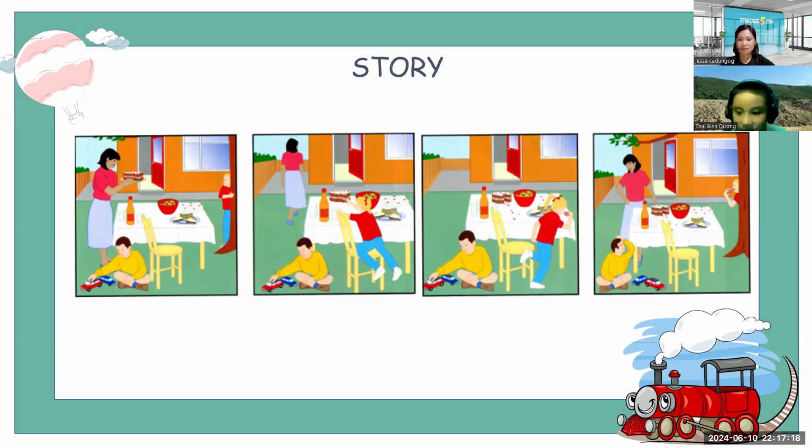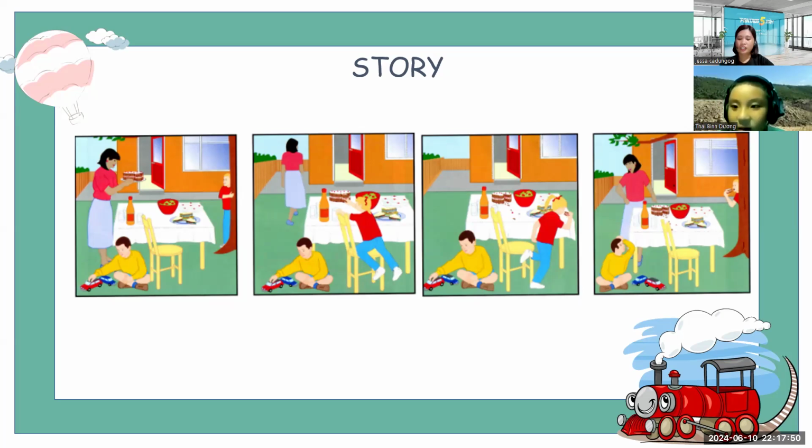Why do you think she is angry? Because she saw the cake. Oh, there is some part of the cake that's missing. And here, why do you think the mother looks angry at the boy? She doesn't know the girl is eating a cake.